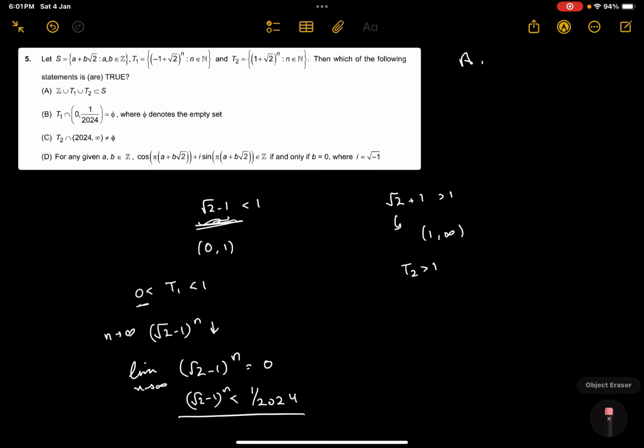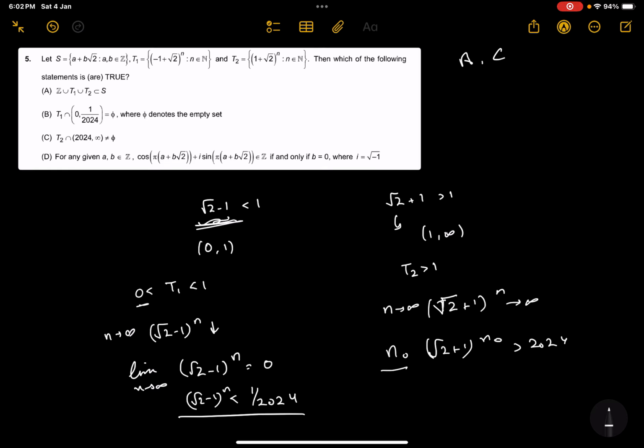Similarly we can argue here, as n goes to infinity, root 2 plus 1 to the power of n goes to infinity. So we will have some n naught such that root 2 plus 1 to the power of n naught would be greater than 2024. So option C is correct. So we will have some possible value of n naught for which this thing would be in T2 and this thing would be greater than 2024.